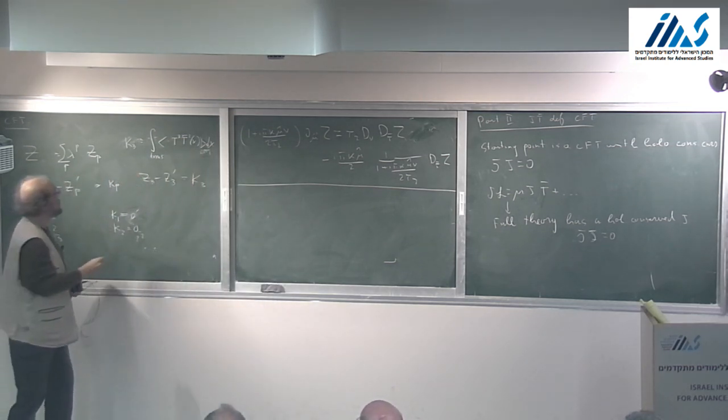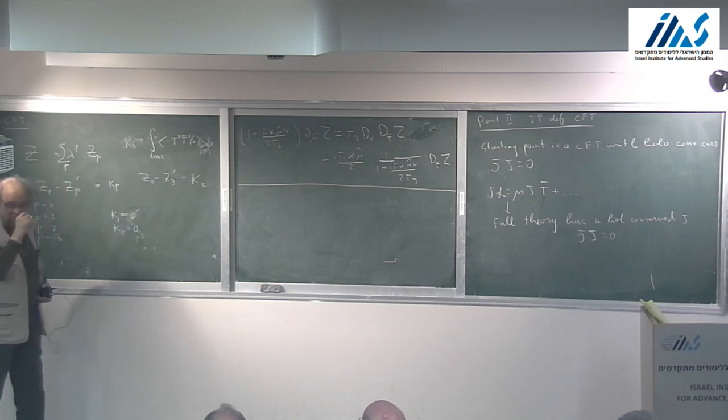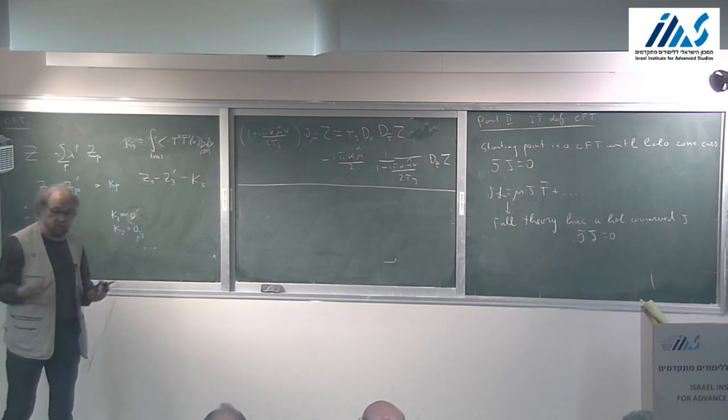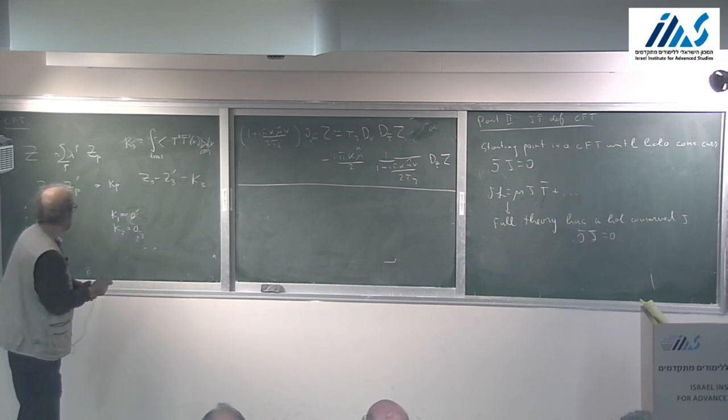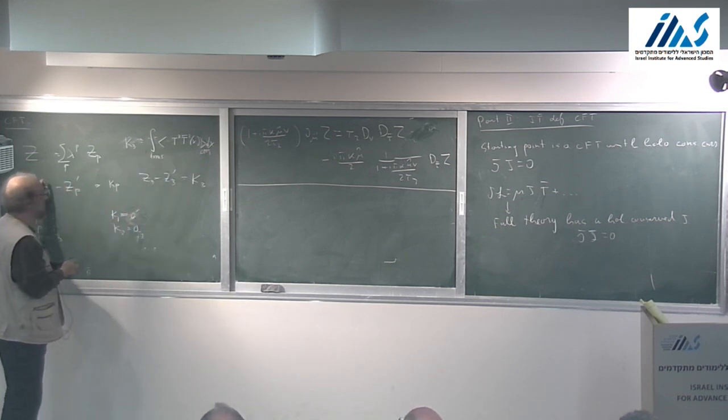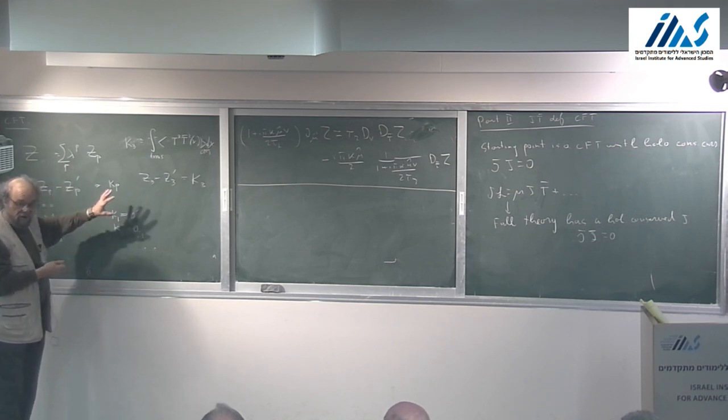All right, so this is K3. You are invited to check that adding K3 of this form to your solution would satisfy all your requirements if you didn't make mistakes.